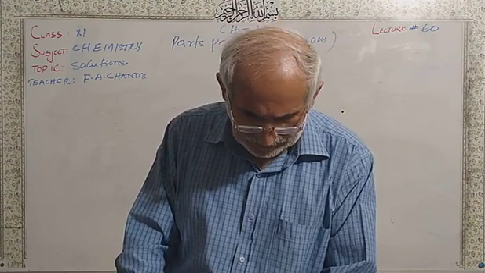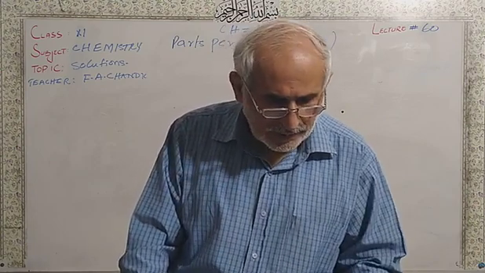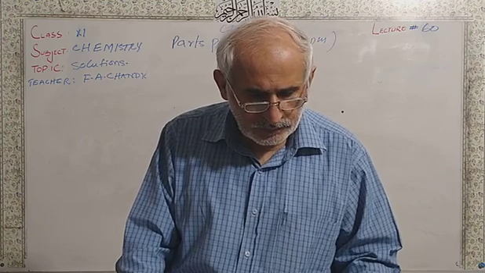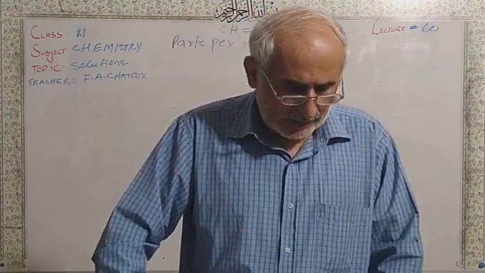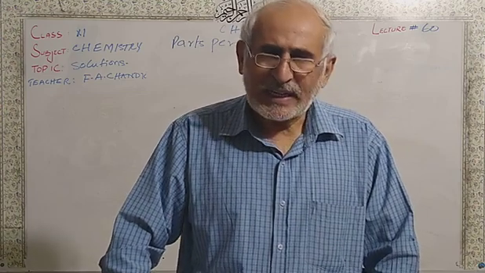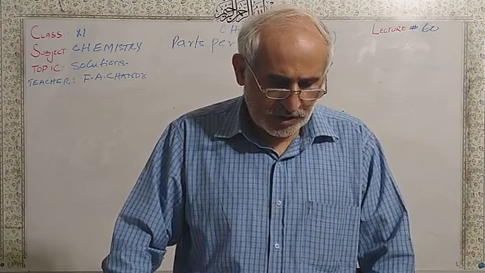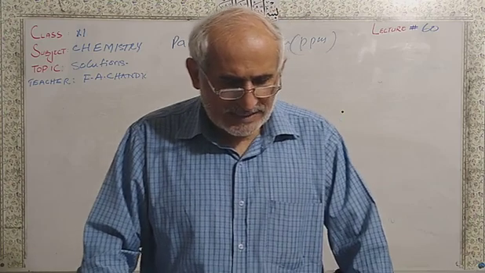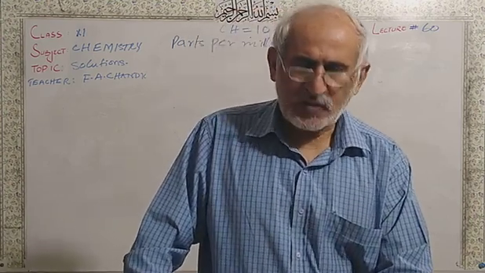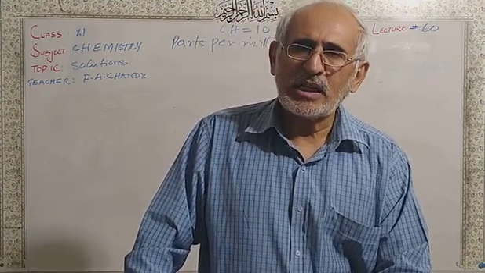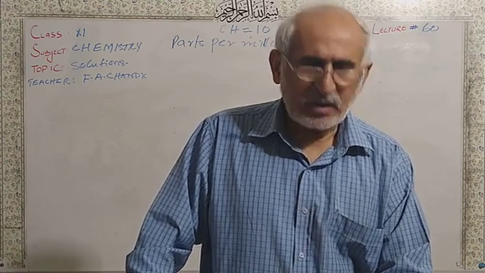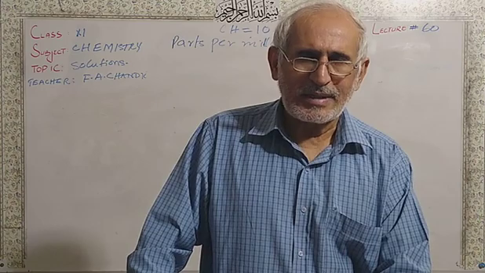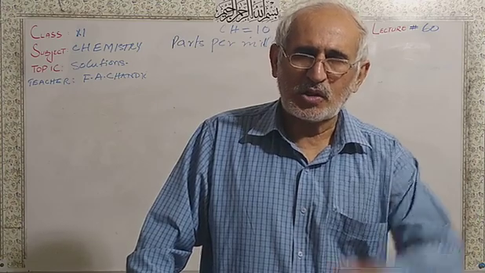So here is a numerical, 10.6. An atmospheric chemist reports that 1 decimeter cube, this is the volume of solution, so change into centimeter cube, it should be 1000. So this 1000 centimeter cube is the volume of the air solution.